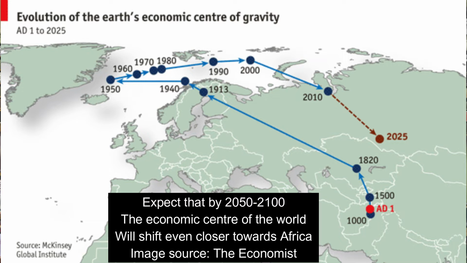Now, when we had a unipolar world, as we all grew up in, it was easy to talk about universal values. But when the economic center of the world becomes so far removed from the West, when the West isn't able to impose these values on the rest of the world, where's that going to leave the West, right?